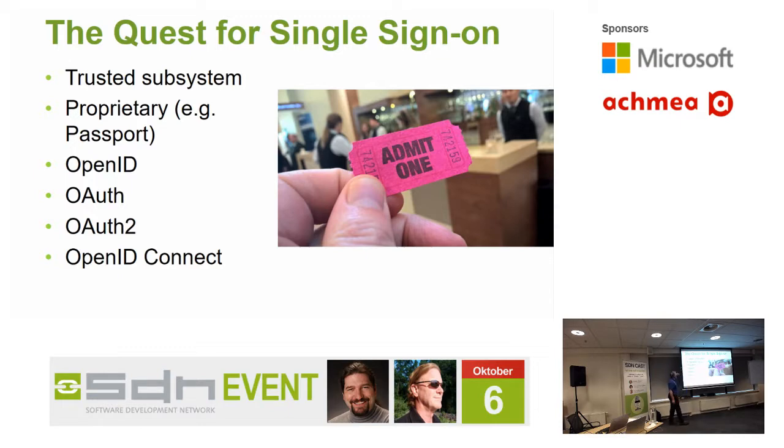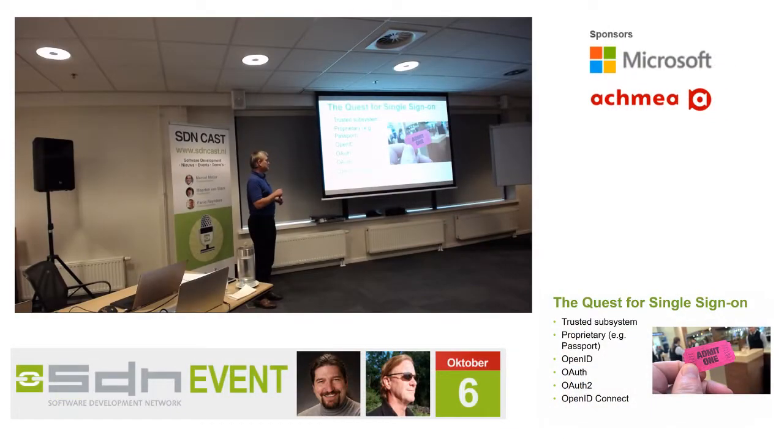The first thing was trying to avoid the problem of everybody having to be an identity provider. So Passport was an approach to that. The problem with Passport, I think, was that it was proprietary, and this is Microsoft Passport, if you remember, and you had to pay them to be able to provide that service. So OpenID came along, and that was an open way of doing it.